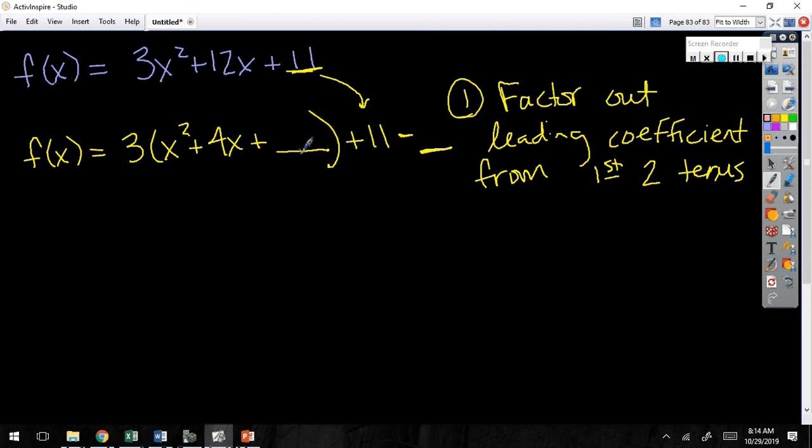So what I'm going to do is find a number to go here. When I add it in here, I'm also going to subtract it from the same side. Because if you think about an equation, what we were doing before, we'd find that good C and we'd add it over here, right? And then we said, yeah, but it's an equation, so if we add it over here, we got to come to the other side and add it too so it stays balanced. Well, now, because I'm only working on one side, I'm going to add it over here in the parentheses, but then I'm going to come to the end of the equation on the same side and subtract it.